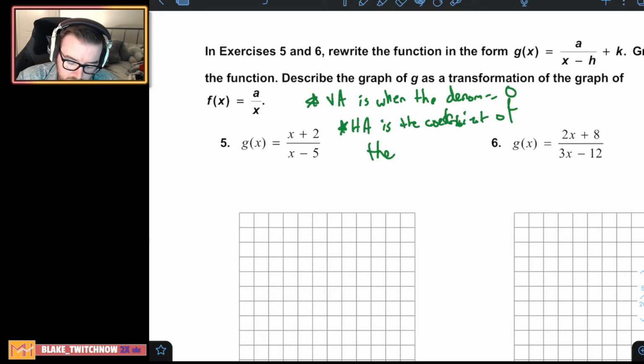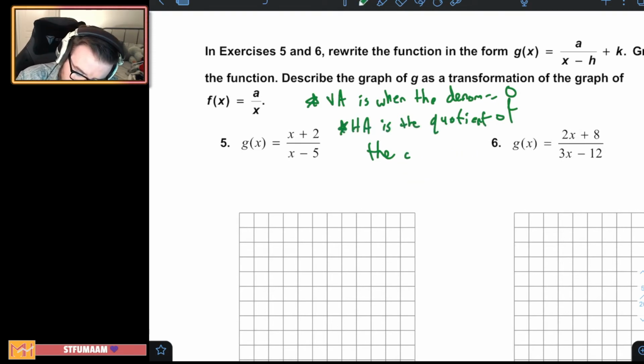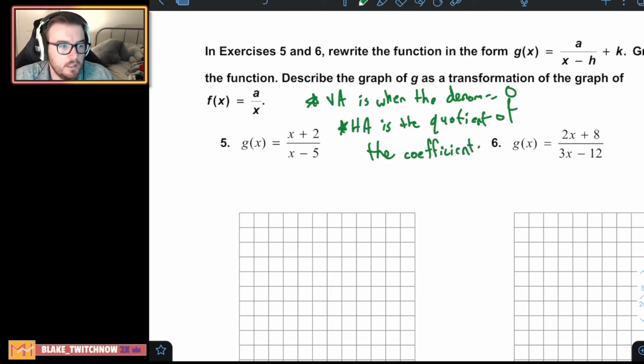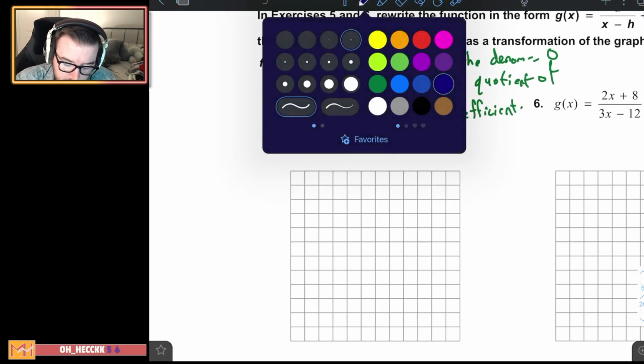It's the quotient of the coefficients, right? It is the quotient of the coefficients. Okay? Let me rewrite coefficient. That's really sloppy. Coefficient, two F's, I think. If not, sorry. So when looking at this, I might sneeze.